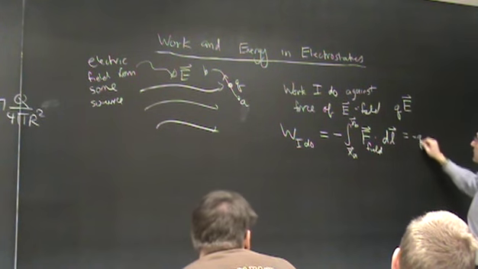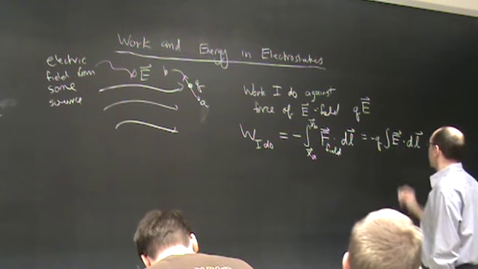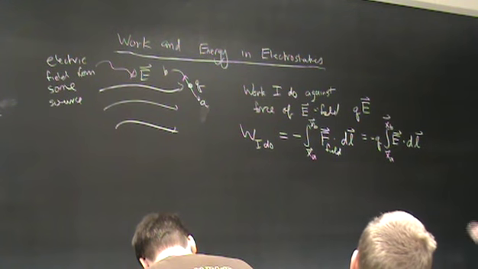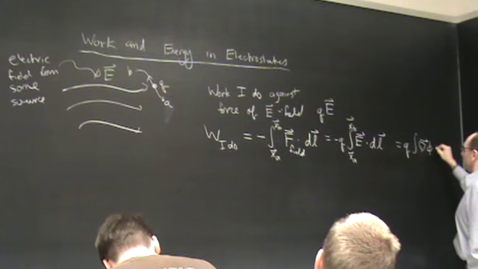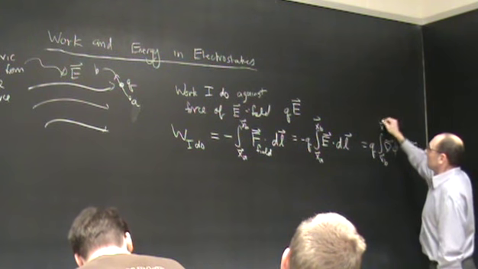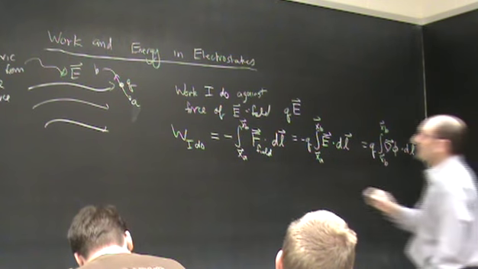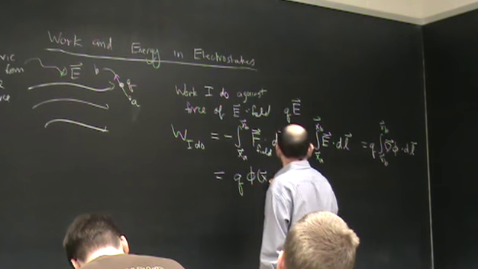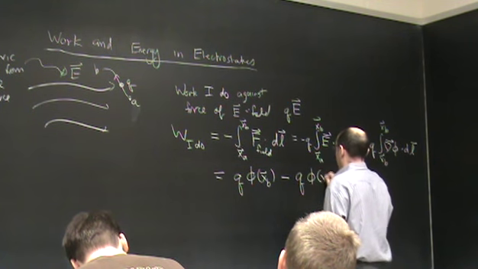So that's minus Q E dot dl, from XA to XB, which is Q times the gradient of the potential, electrostatic potential, which is thus equal to Q phi at XB minus Q phi at XA.